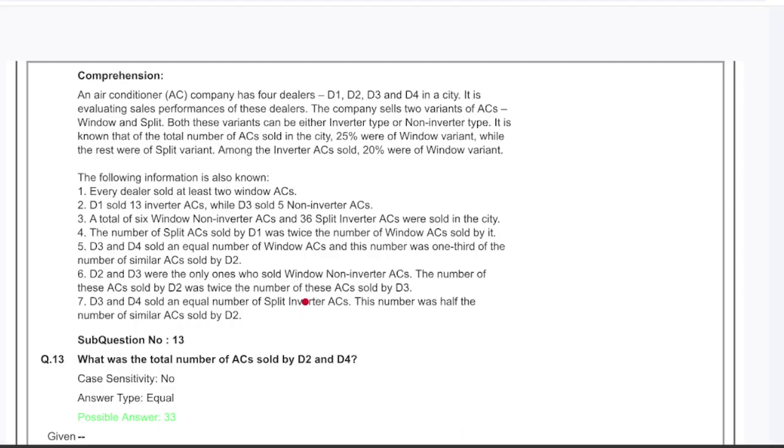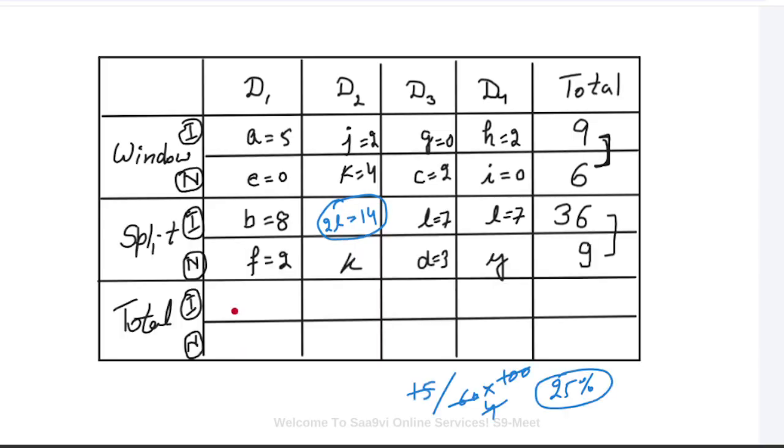Next, what was the total number of AC sold by D2 and D4? Now D2 sold 2 and 4, 6, 6 and 14, 20 plus X. And D4 sold 2 plus 7, 9 plus Y. The total becomes 29 plus X plus Y. And we know this 2 plus 3, 5 and X plus Y is 9.